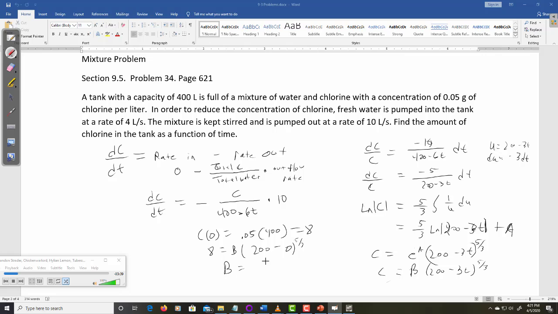So B equals 8 over 200 to the 5/3. And our formula for the amount of chlorine in the tank, C of t, equals 8 over 200 to the 5/3 times 200 minus 3t to the 5/3. There we go. So, like after 12 minutes, you can just plug in 12 and you get an answer.